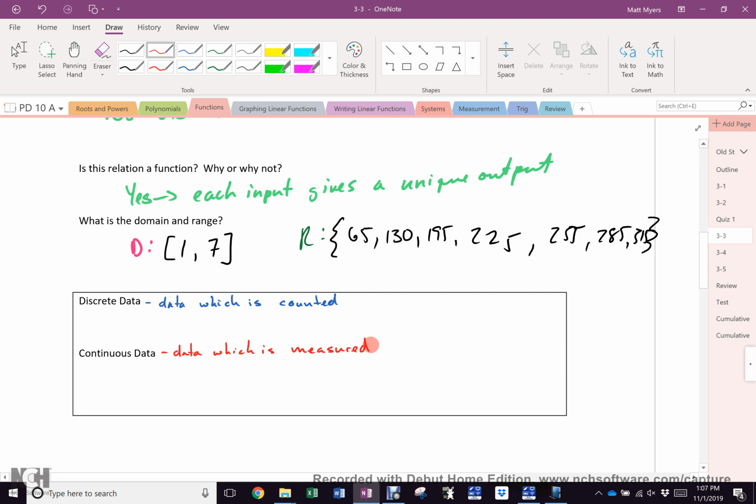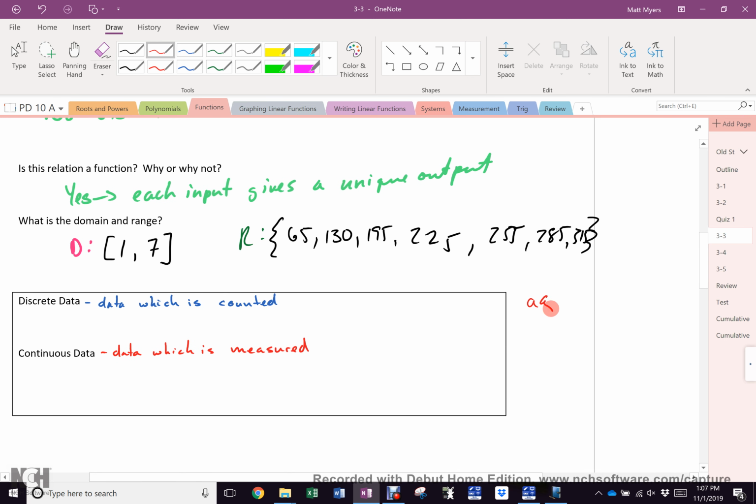Now, let's talk about some examples, because this is a real easy one to get at through examples. All right? What is some data that you could offer me about yourself? Age. Okay? Age is some data.